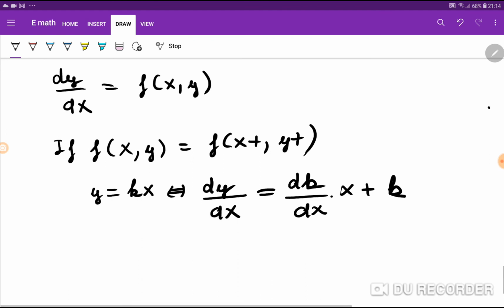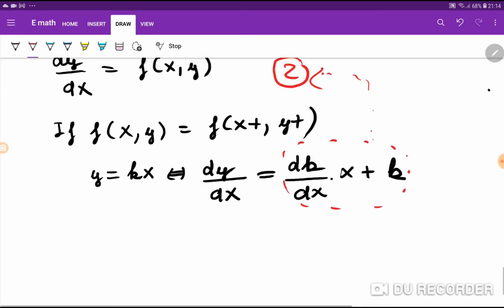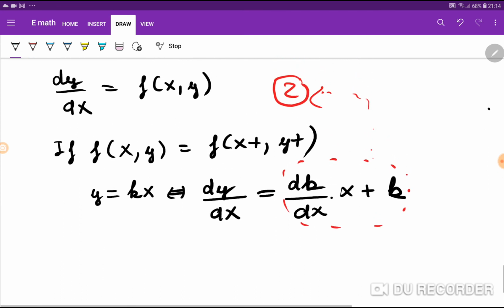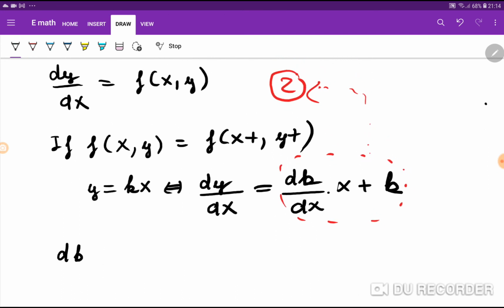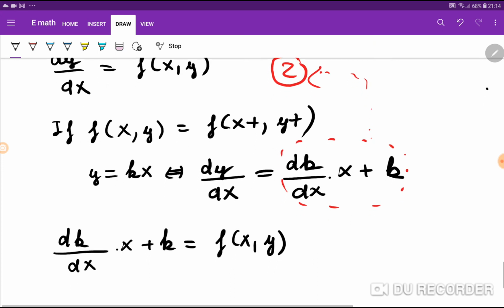And then you sub it in here, and you sub this in too. You have dk over dx times x plus k equals f(x, y).